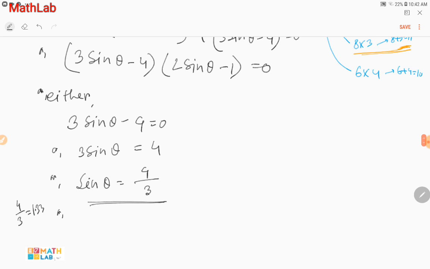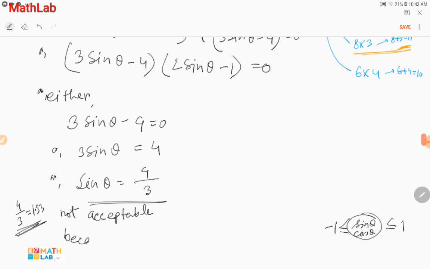In question number 2 we already learned that the values of sine theta and cos theta are greater than or equal to minus 1 and less than or equal to plus 1. This is greater than plus 1, so this is not acceptable, because sine theta is greater than or equal to minus 1 and less than or equal to plus 1.